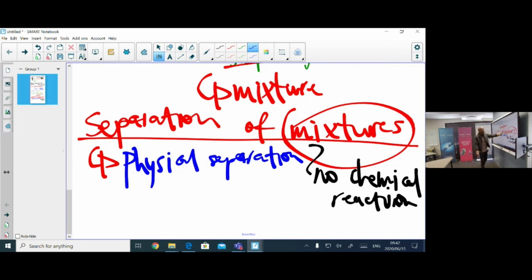So with mixtures, because there's no chemical reaction, the separation can take part as a physical separation. And in our next lesson, we'll be discussing what physical separation is, separation of mixtures, and different types of separations.